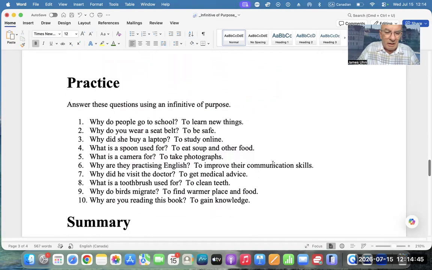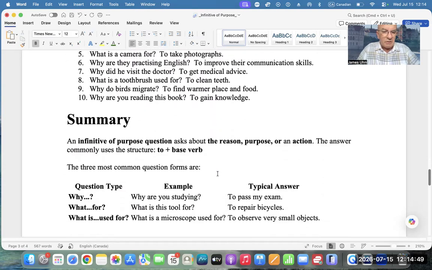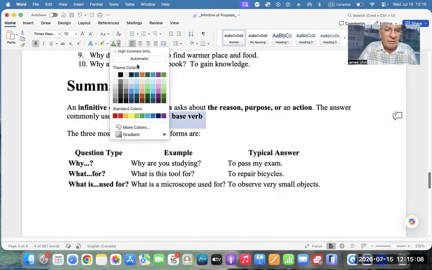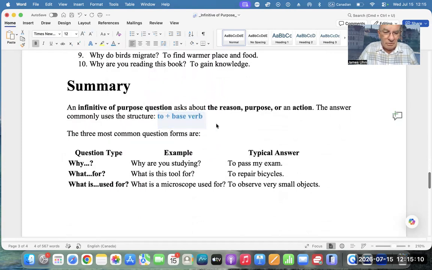So here are some practice questions and practice answers and a summary. An infinitive of purpose question asks about the reason, purpose, or an action. The answer commonly uses the structure of to plus base verb, which is infinitive of purpose.